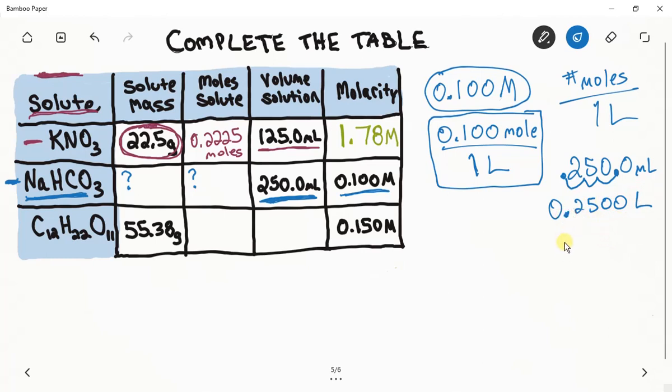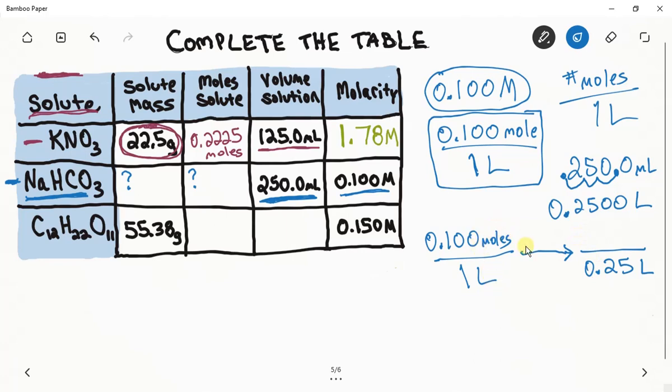So now we have this converted to liters. And we know that if we had an entire liter, then we would have 0.1 moles in 1 entire liter. But we don't have an entire liter. We only have 0.25 liters.